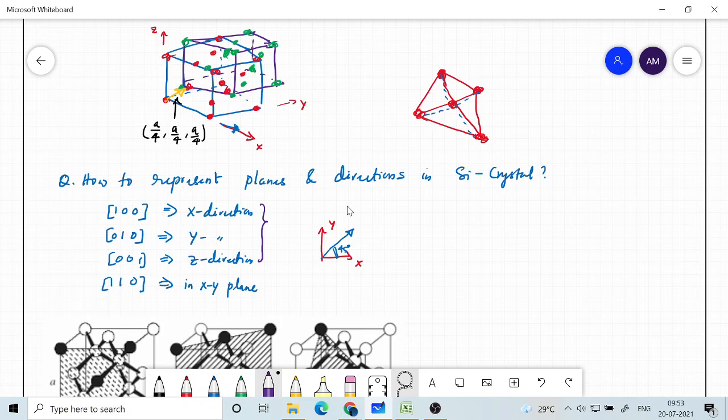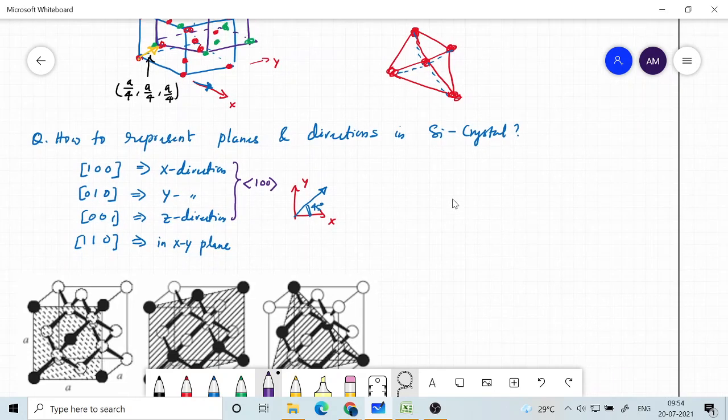They can all be called together by 1, 0, 0 in angular brackets. What this means is that the properties of the crystal are the same in the 1, 0, 0, 0, 1, 0 and 0, 0, 1 directions. Therefore they can all be clubbed together as one set, which has different properties, but the property in 1, 1, 0 will be different.